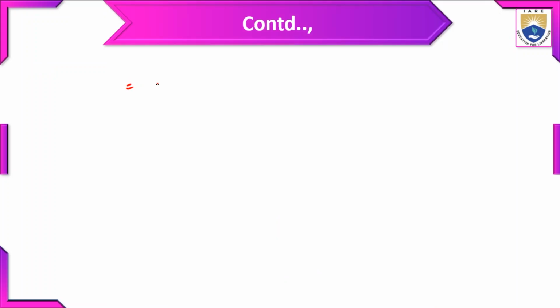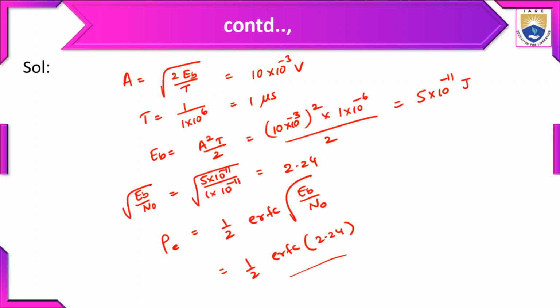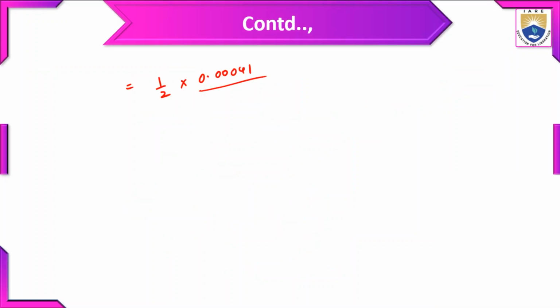So for example, if they give it, I am going to write 1 by 2 times the ERFC value of 2.24, which is 0.00041. In the table, you can see this value for 2.24 as 0.00041.